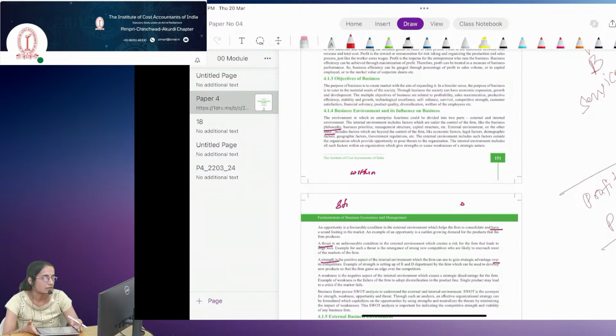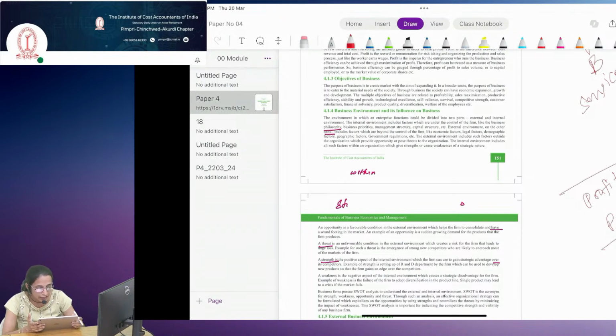So what are external and what are internal? Internal means those which are within the control of that particular organization. The factors which are affecting the business, which are within the control of that particular organization, are internal factors. External factors relate to those factors which are outside the control of that organization. So we will see what are they.